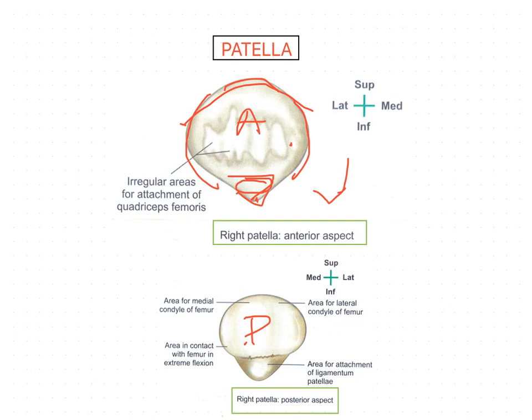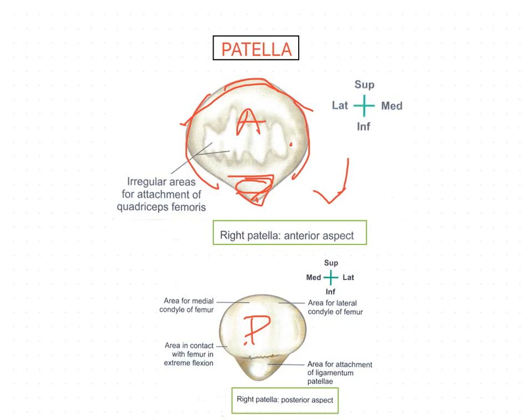So a bursa is present in front of the apex, separating it from the skin, and that vertically ridged apex is covered only by the expansion of the tendon of the rectus femoris.